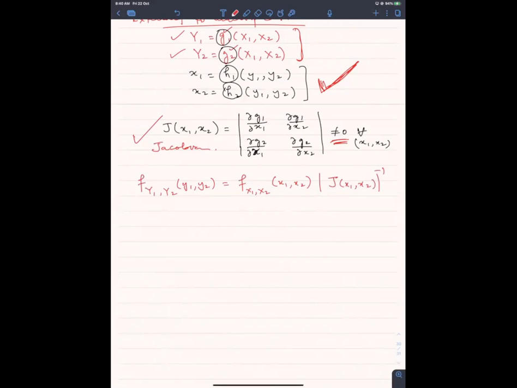Jacobian का inverse आपने यहाँ पे, या denominator में वो Jacobian की वैल्यू आ जाएगी. So this determinant will, इसको अगर ये इनवर्स आपने करना है तो ये हटाना है तो ये डिनोमिनेटर में लिखेंगे.